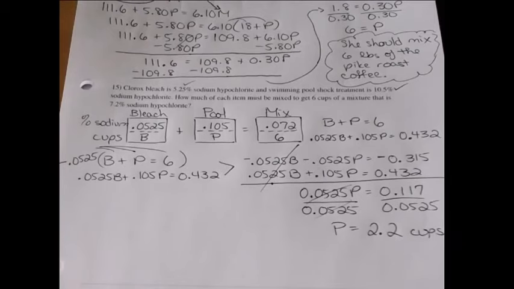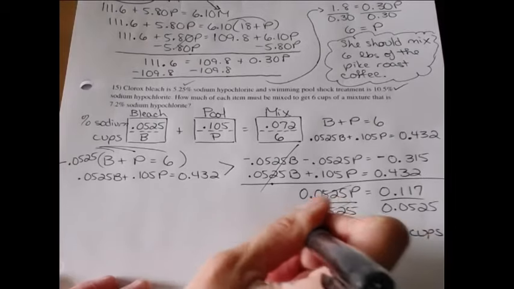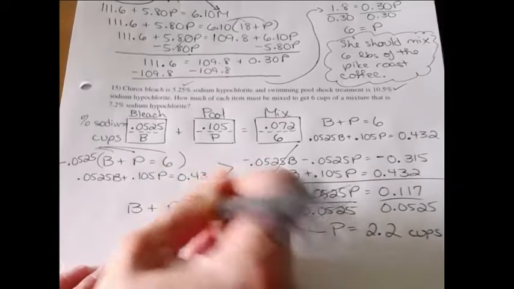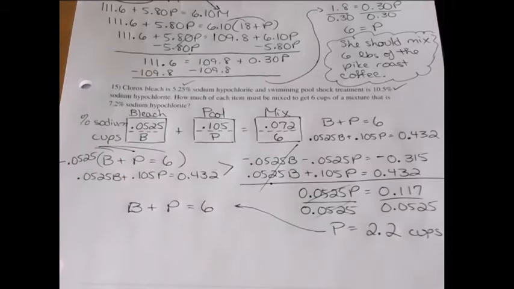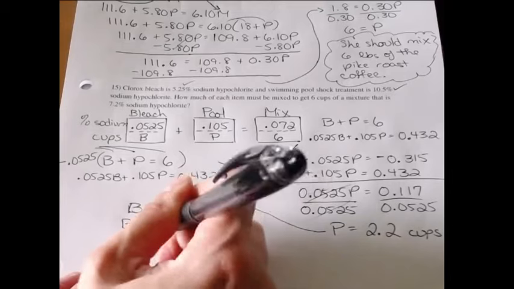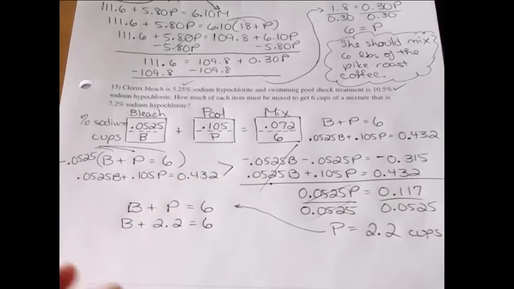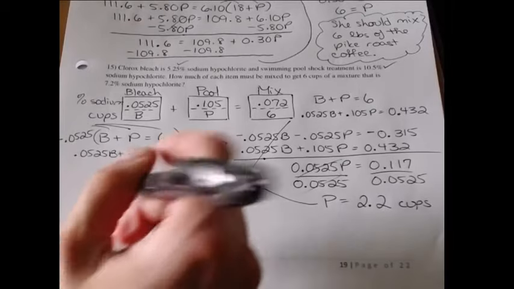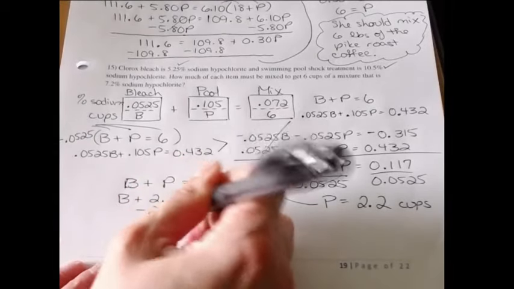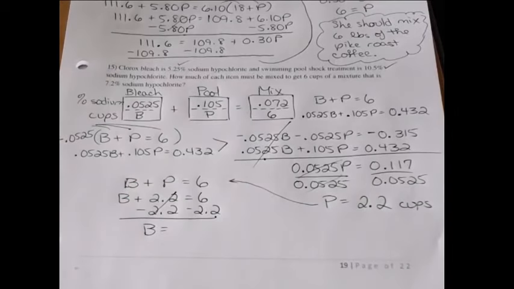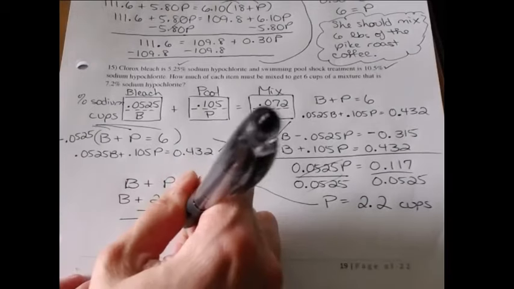So I would urge you to take this value and plug it into the easier equation. The easier equation is B plus P is equal to 6. We know that P is 2.2. So why not use that equation, right? It makes sense. So we plug in the 2.2, we subtract it from both sides, and we get that B is equal to 6 minus 2.2, which gives us 3.8.